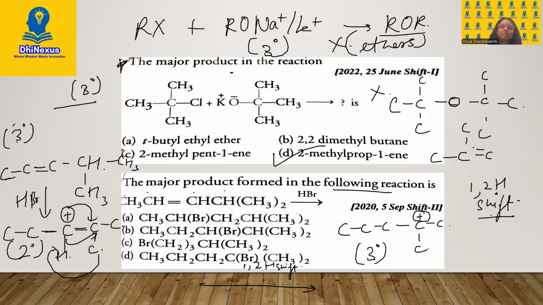This is done whenever there's a formation of a carbocation, because a carbocation intermediate always tries to be more stable. The more alkyl groups, the more stable it will be, and then my bromide ion will attach to it. So if you just see from the various options, the correct answer is this one, D.